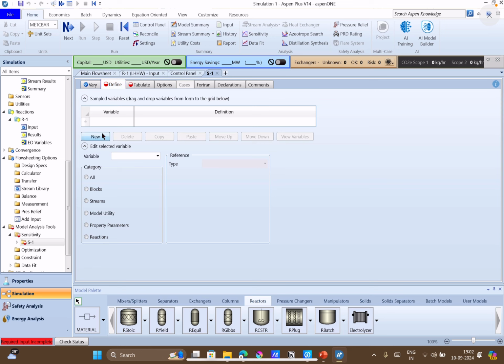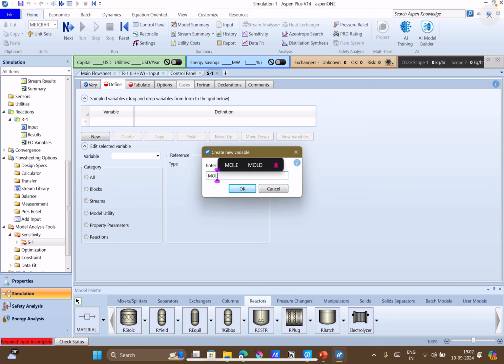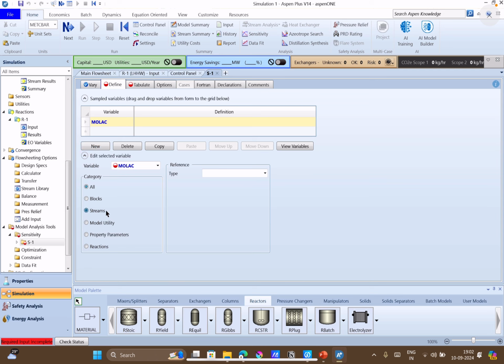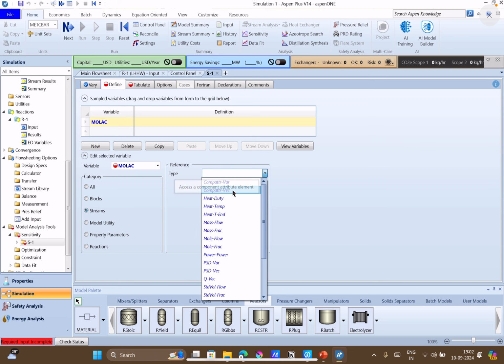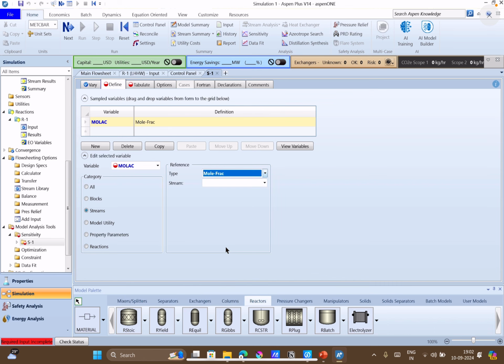Let's define our variable, which is mole fraction of acetone. That's a stream variable. We want to know mole fraction of product stream, and that too acetone value.